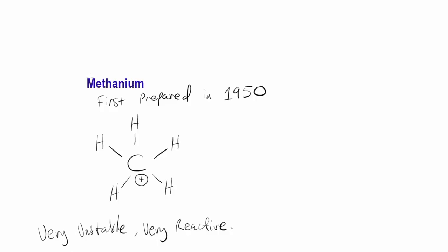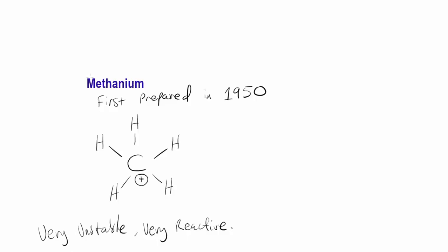If you think about the valency of carbon, it's usually 4. But here is a situation where carbon has managed to get a level of association with 5 hydrogens. So it's not the most stable molecule, which is an understatement.